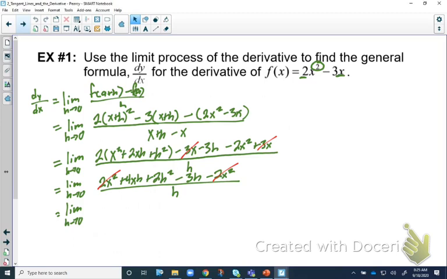So what I recognize in the remaining stuff here, and let me just highlight what I'm talking about. Oops, I want my highlighter. Didn't mean to cross that out. In the remaining stuff here, everything is written in terms of h. So h is going to be a common factor, so I'm going to go ahead and just factor that out.